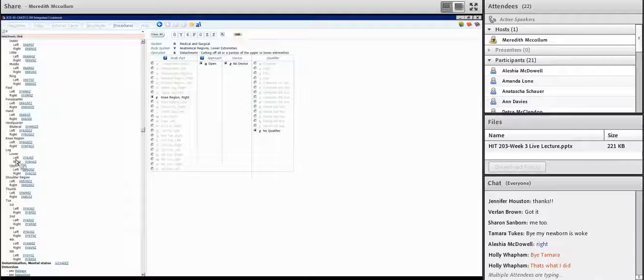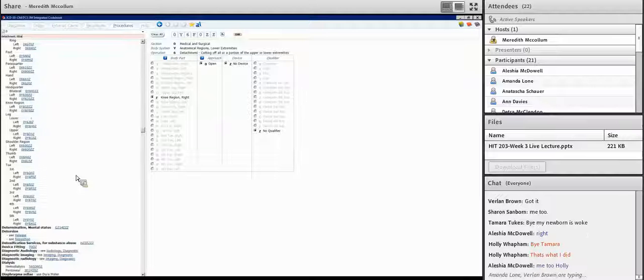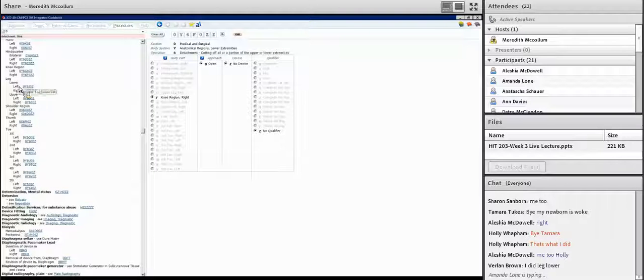Interesting. Leg, lower. Oh, here we go. This is where the whole anatomical region comes up, because we're going to use leg instead of knee. So leg, lower, right, and then it's going to ask, is it high, medium, or low?